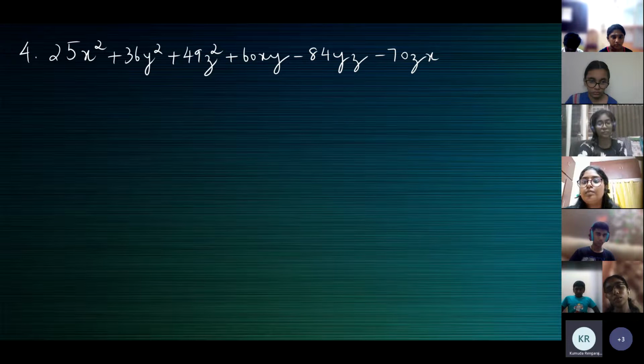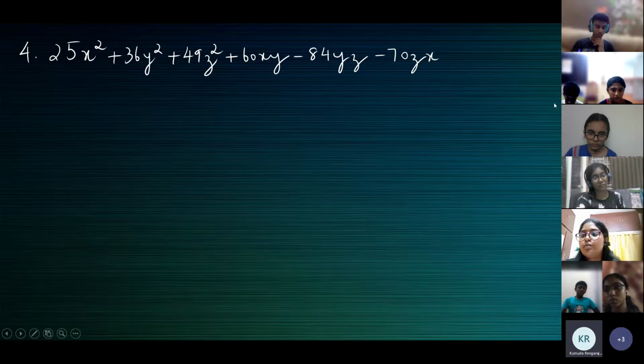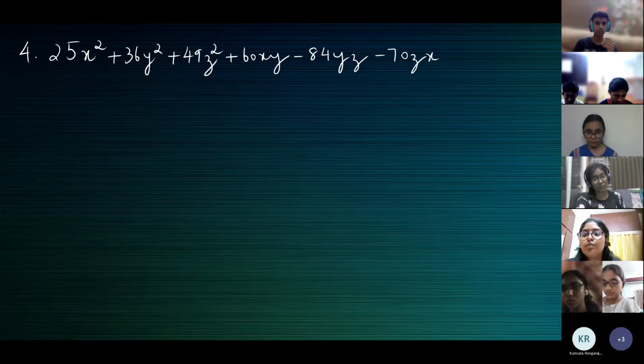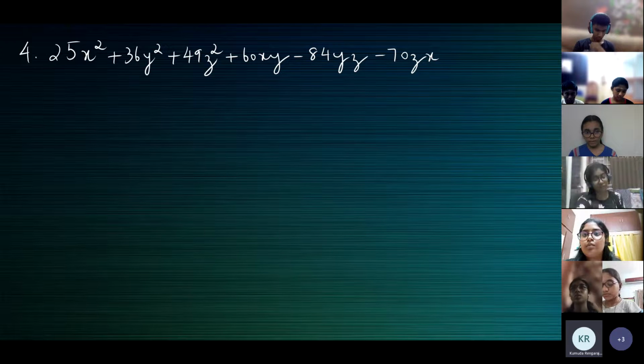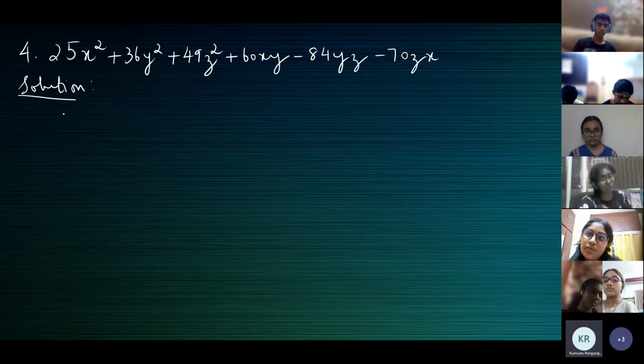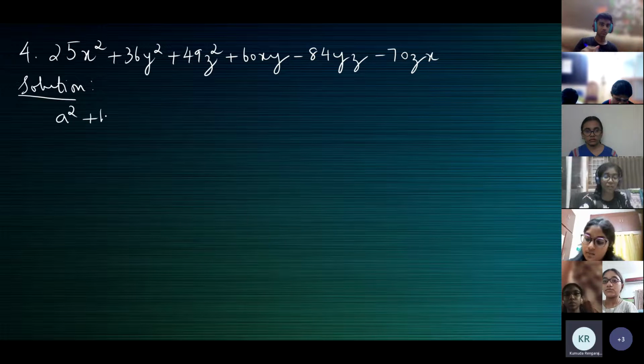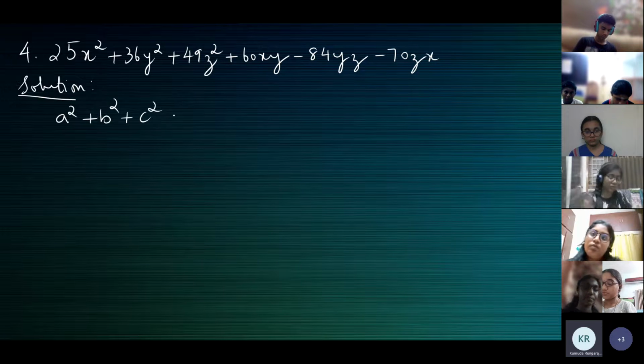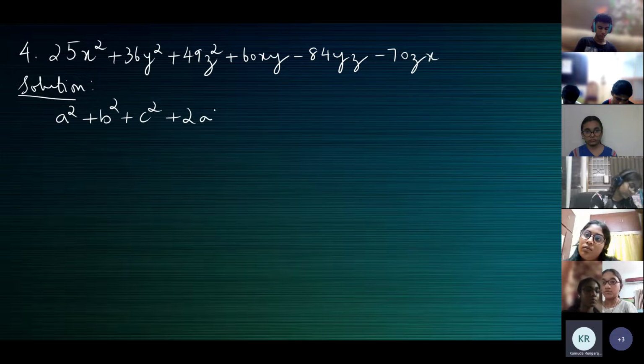So which is that identity which has 6 terms and 3 perfect squares? A plus B plus C the whole square. Very good. The given expression looks like A square plus B square plus C square plus 2AB plus 2BC plus 2CA.